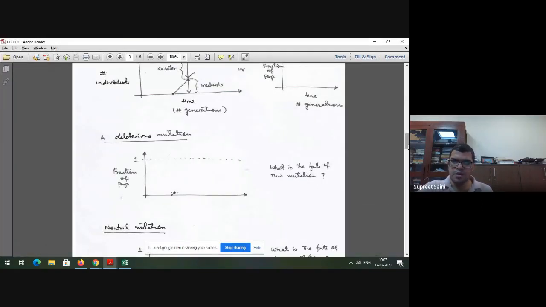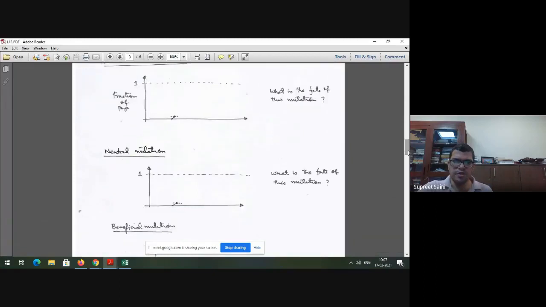What if it was a neutral mutation? So now we have an individual carrying a mutation whose fitness is the same as that of the ancestor. What is going to be its fate? Either of them will happen.